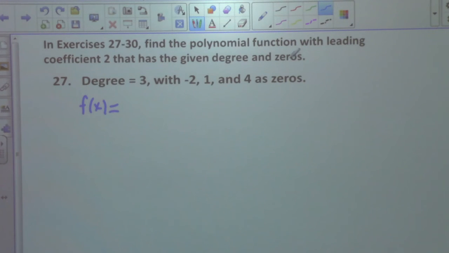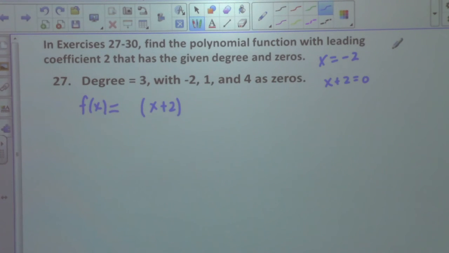Okay, let's go ahead and set this up, our zeros. We have x equals -2. And so how do we get a factor out of x equals -2? So we have x plus 2 is equal to 0, right? So we'll put x plus 2 here. So that should be one of our factors.